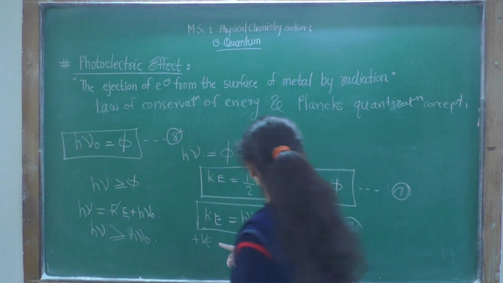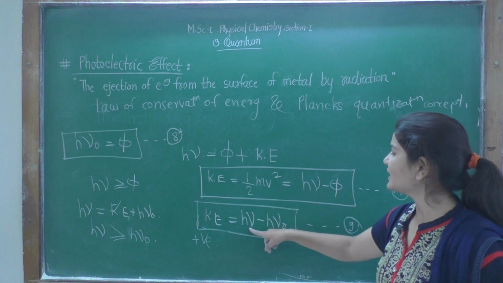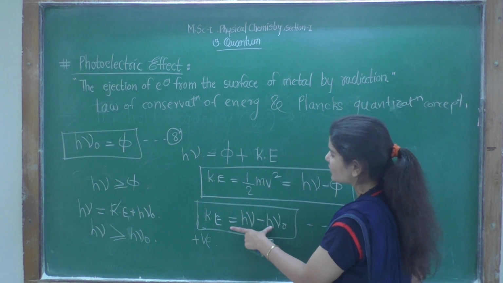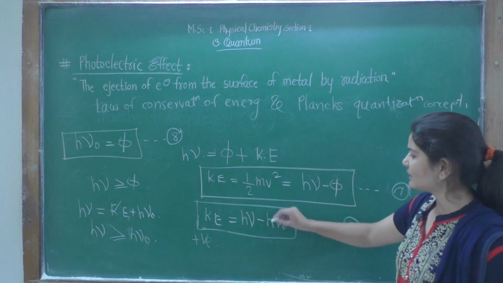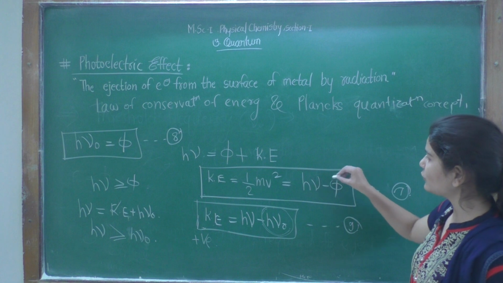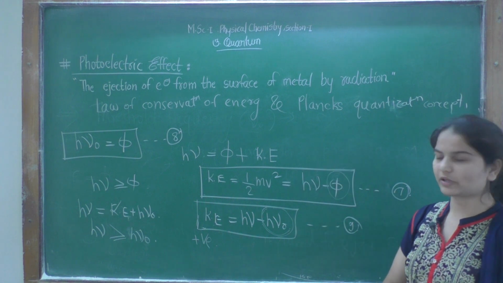Why? Because the kinetic energy is always positive and it is added to the other term, so the value of h nu will always be greater than the work function phi.